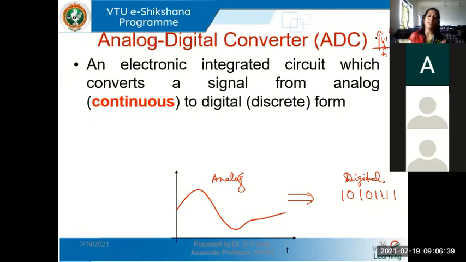So I can have any voltages along the y-axis, whereas along the x-axis it is divided into definite numbers. We call this as discrete, whereas a signal which has definite values along both x and y axis. The signal will have only some definite values along both x and y axis like this.